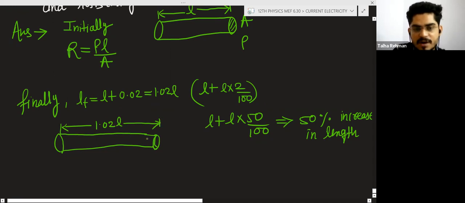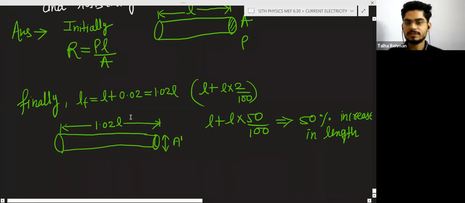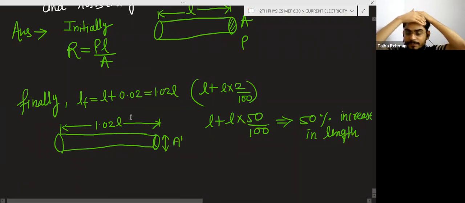Now we don't know how much area will decrease, so I am supposing area as A dash.